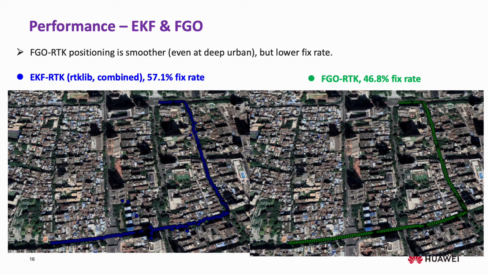This is the performance comparison between extended Kalman filter and factor graph optimization. The EKF-RTK is achieved by RTKLIB in combined and fix and hold mode. By comparing these two results, we can clearly see that the factor graph optimization result is smoother and less affected by the unlocked receptions in very deep urban scenarios.